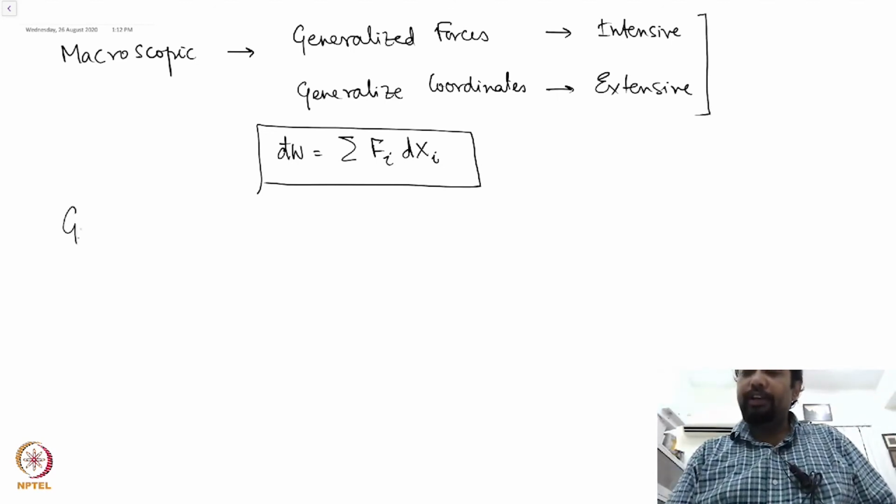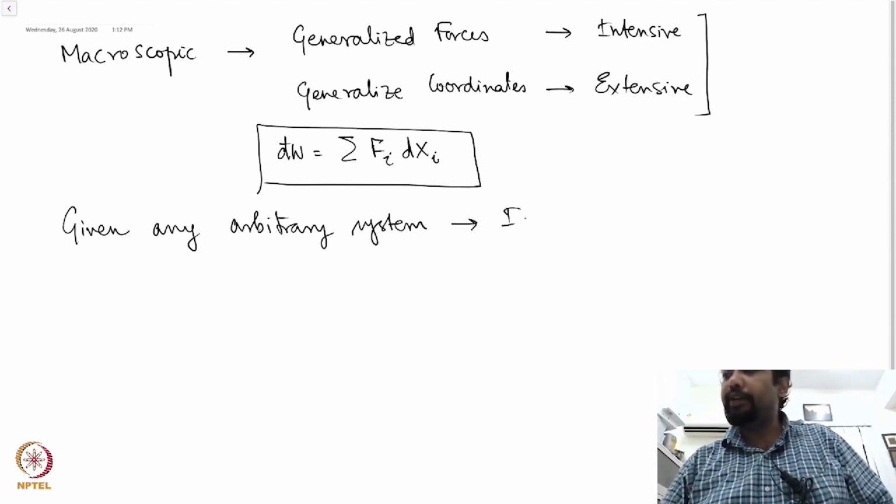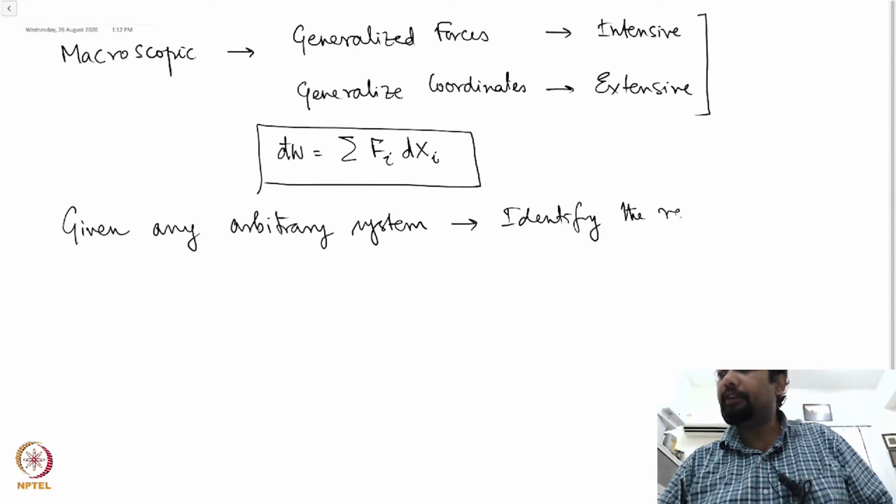So, given any arbitrary system, the first task is to identify the relevant macroscopic variables.